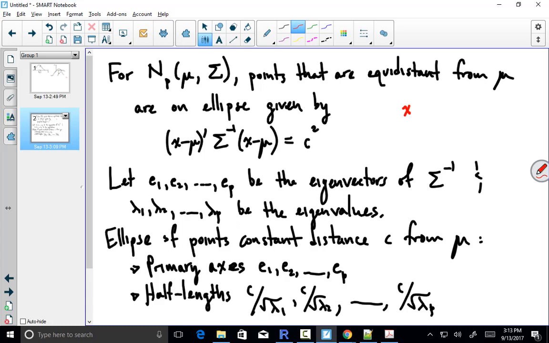That was that x transpose AX, if you want that to equal c squared, then you get the eigenvalues and vectors of A. So lambda I, comma, EI.